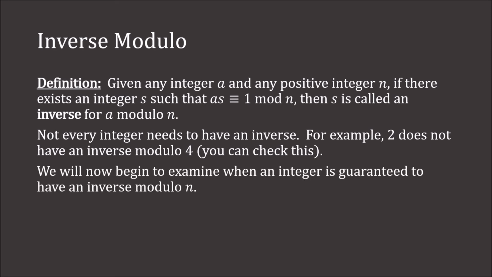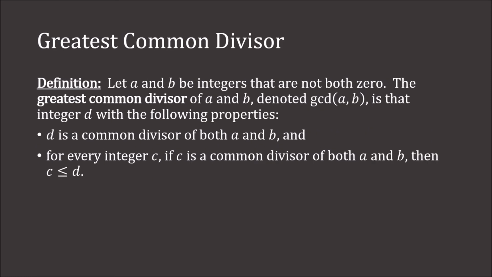So we will now examine how to tell whether an integer is guaranteed to have an inverse modulo n. So to start this, we need a new concept called the greatest common divisor. So let a and b be integers that are not both 0.